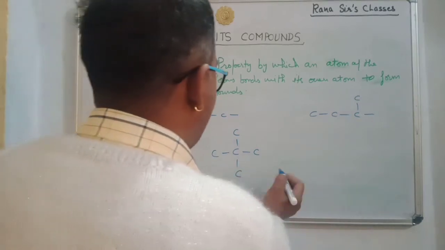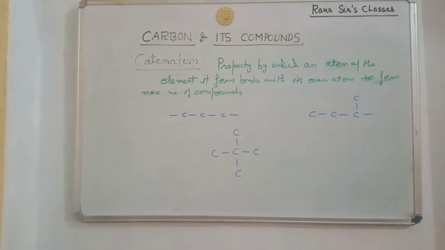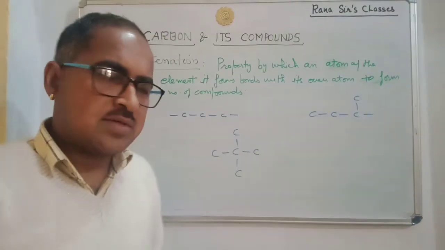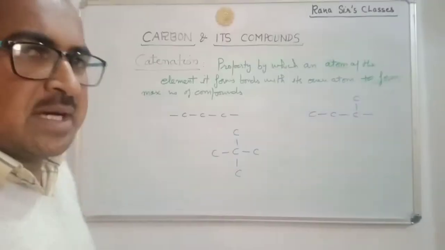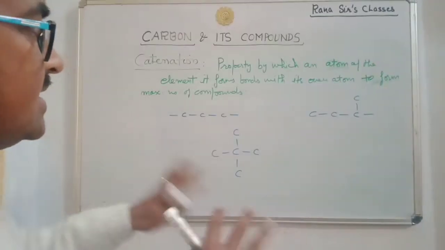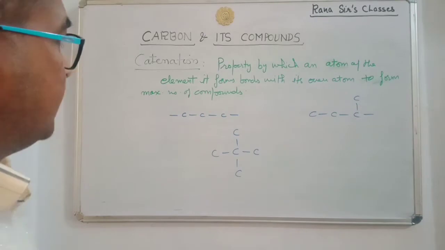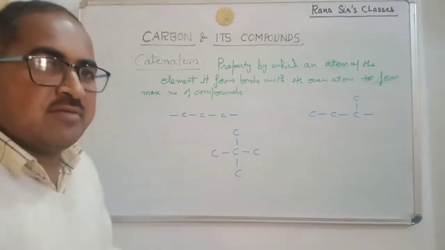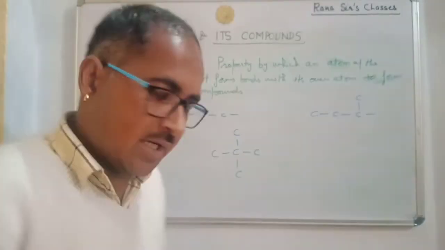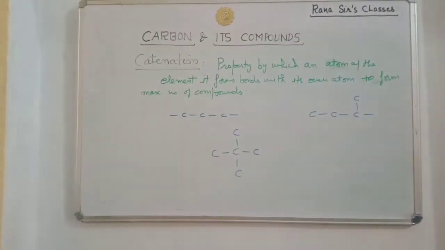So this is how it takes place. Different types of compounds can be formed by self-linking of the same atom, and here carbon is combining with the same carbon atom. So this property we call catenation. By this property, carbon is able to form the maximum number of compounds.